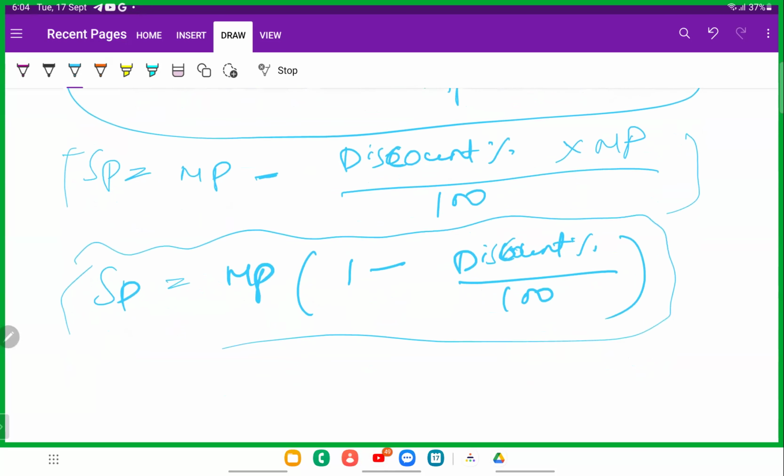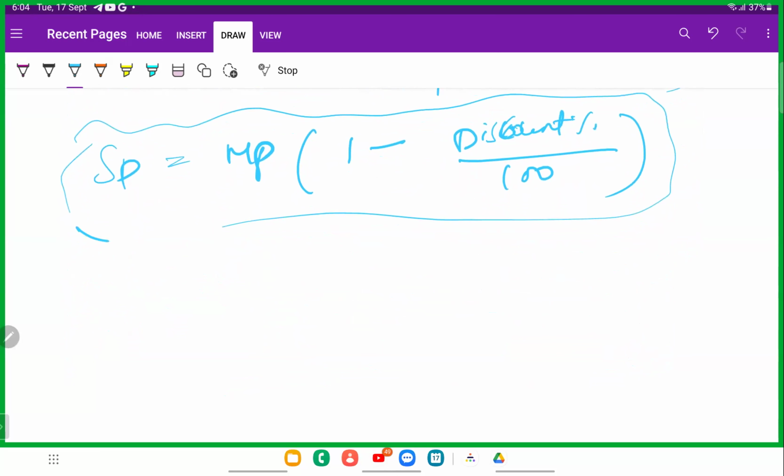So to get a better understanding of this formula, let us solve one problem.